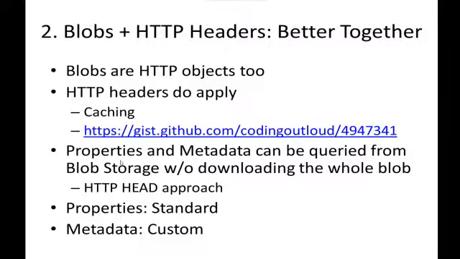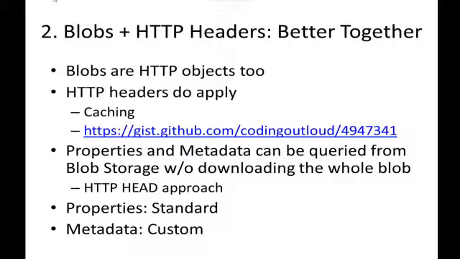Blobs and HTTP headers. So I mentioned that the blob service is a file system in the cloud, but blobs are also HTTP objects. All blobs are accessed through a REST service, XML over HTTP, using regular internet protocols, HTTP or HTTPS.